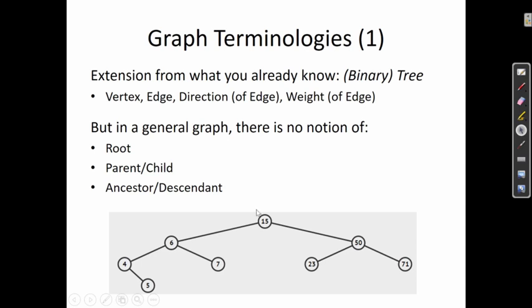Then I know that 15 is the root, and 6 is its left child, 50 is its right child, and so on and so forth. And 5 is an ancestor on the left subtree of 15. But in the general graph, I can simply draw this entire thing like this. Let me use this.